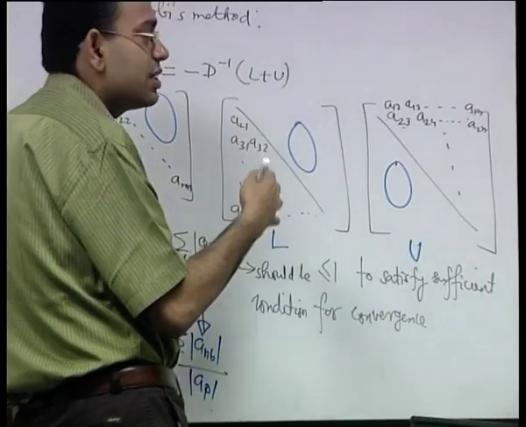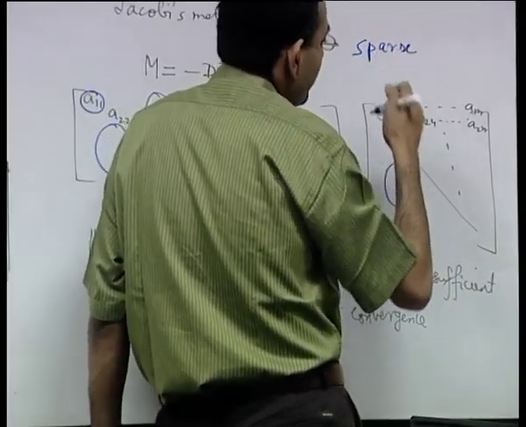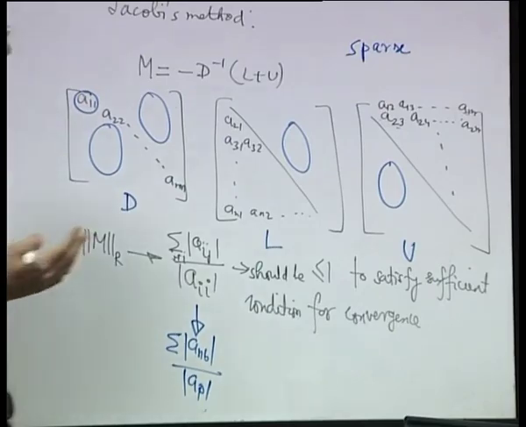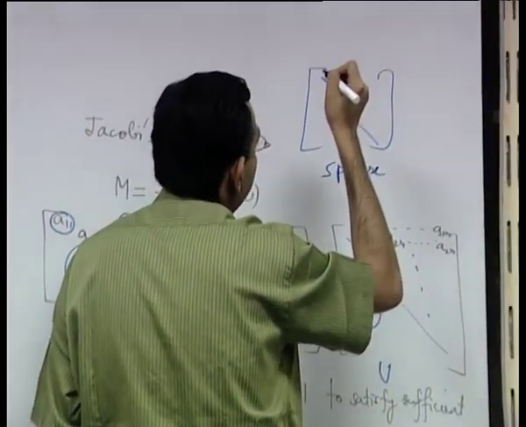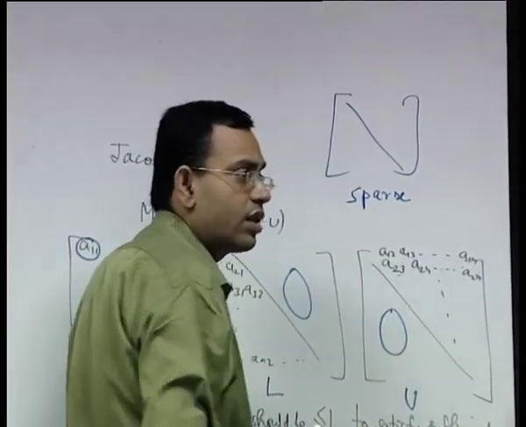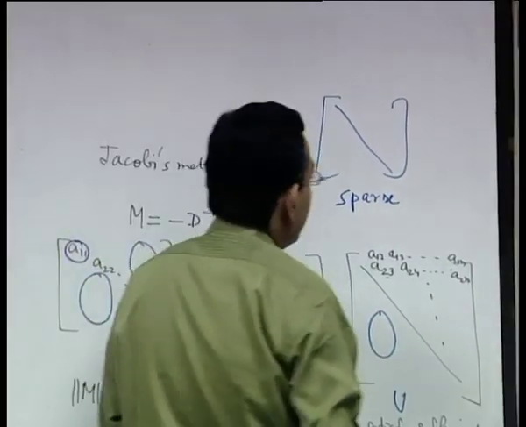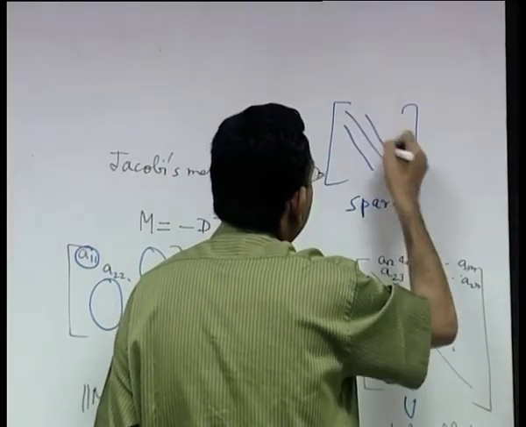These types of matrices are called sparse matrices, where the coefficients in many of the terms are zeros. So, you have essentially the diagonal coefficients which are non-zero, and you have some of the off diagonal coefficients which are non-zero.